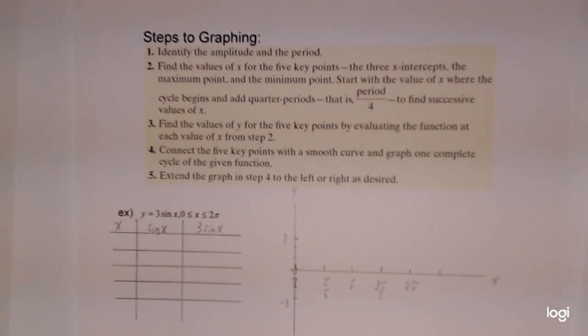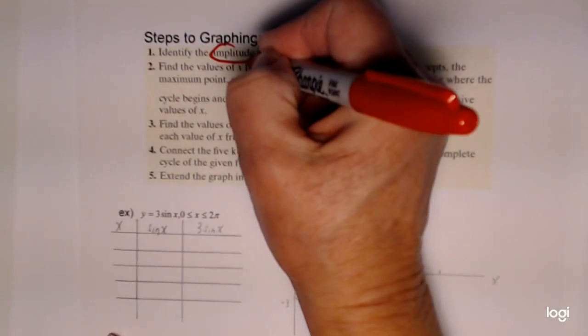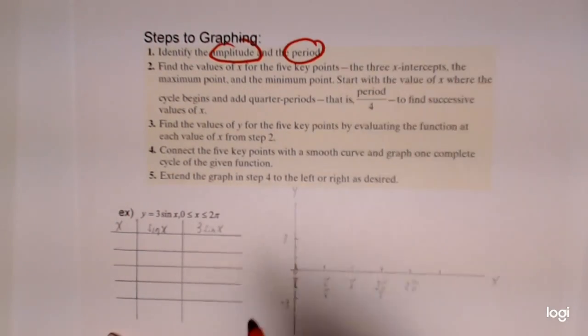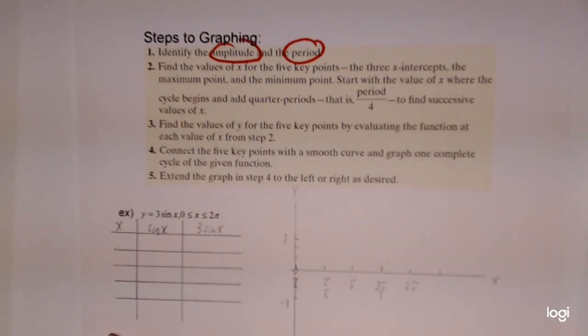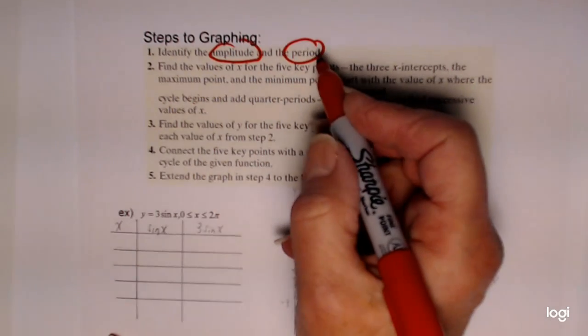So in order to graph a sine function, we're going to have to identify information given. Amplitude and period. So very important. We're going to have to define what the amplitude and the period are, I should say. Next, we're going to find 5 key points.